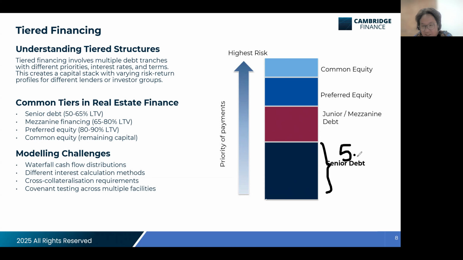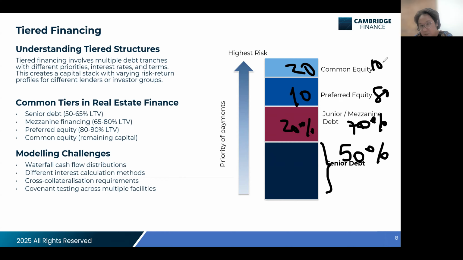Then if you say you're going to borrow 20%, then it's going to go to 70% loan to value, okay? And then if you're going to borrow here 10%, then it's going to go to 80% loan to value. And then if you need to borrow here 20, then this is going to go to 100% loan to value.